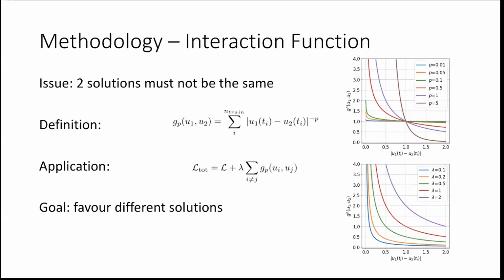So the main idea is, since we want more than one solution, we will define more than one neural network, all of them calculating a different solution, and we must be sure that they are not converging to the same solution. So the first thing that we define is an interaction function.